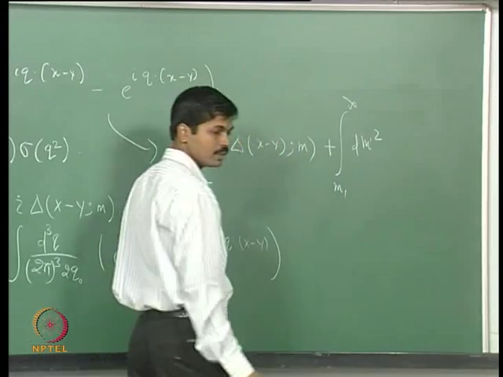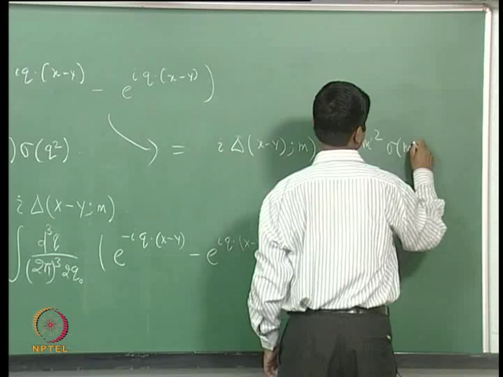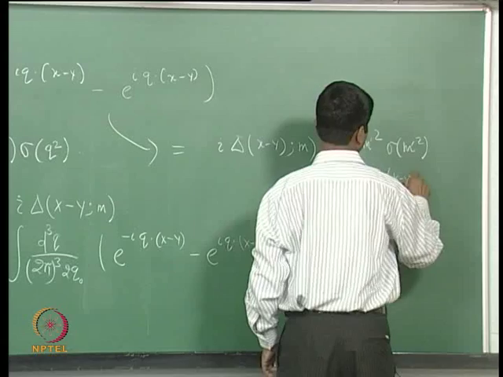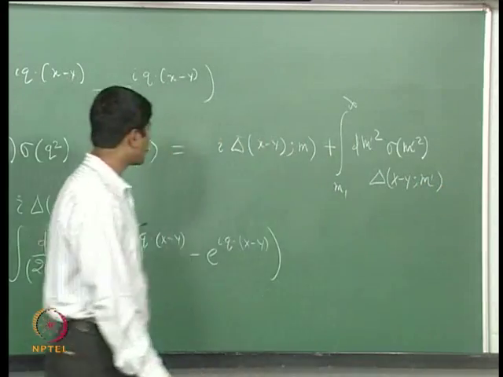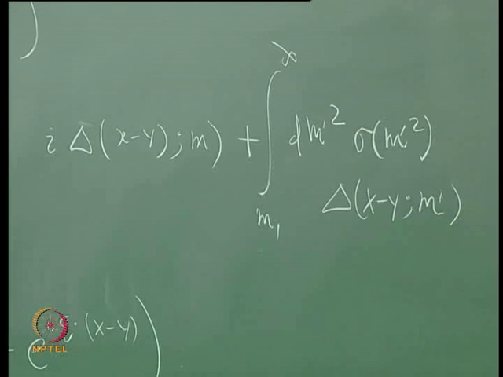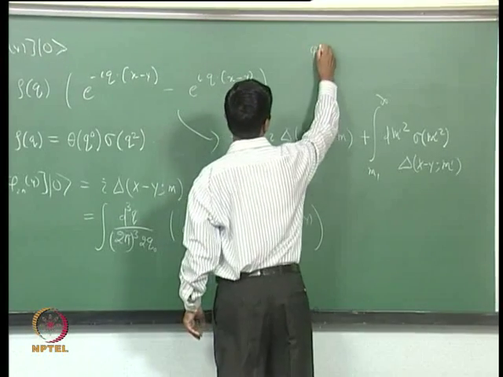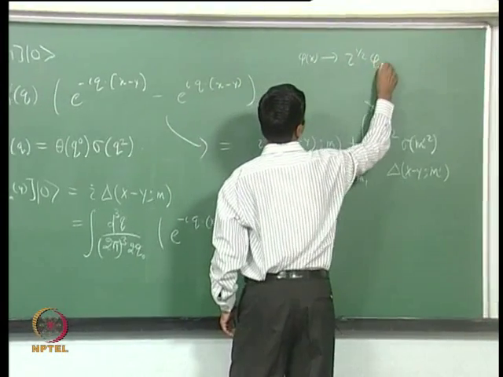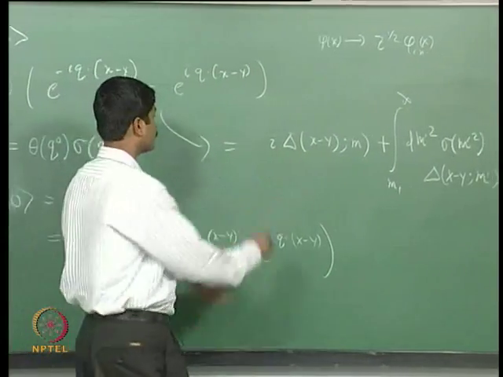you can represent this as an integration over d m prime square, sigma of m prime square, times delta of x minus y m prime. Except that, because of the normalization condition, because we have introduced this factor z here, phi of x goes to z to the power half phi in of x, you will have a factor of z here.